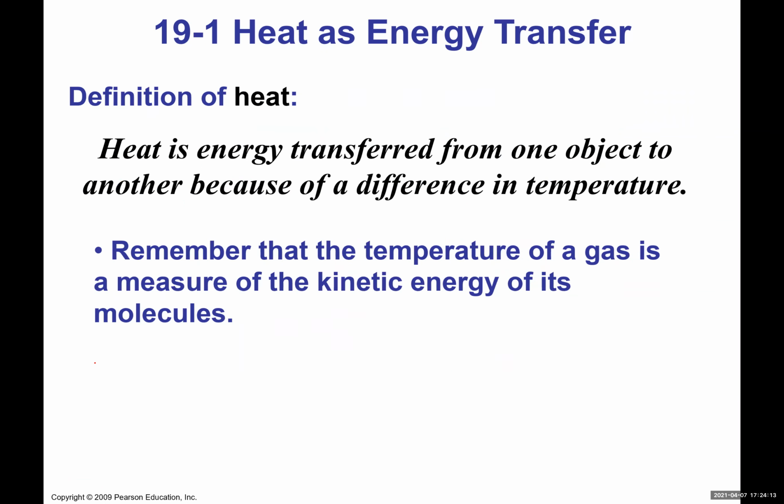All right, so now let's officially define heat. Heat is energy transferred from one object to another because of a difference in temperature. That means when we say that an object's temperature increased or decreased, we can always assume that heat was added or removed, because heat is just the amount of energy that was transferred into the system.